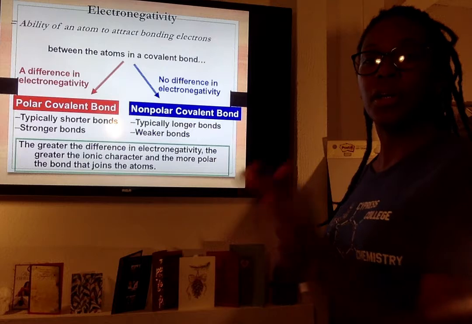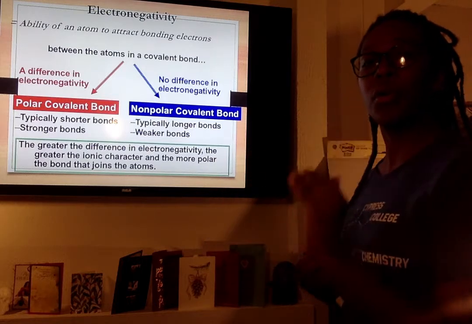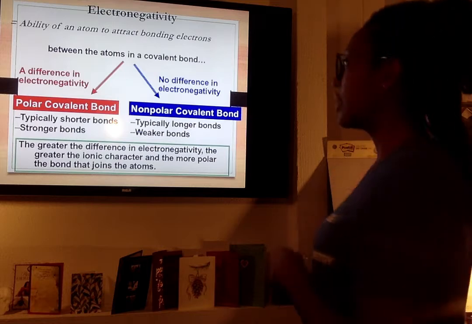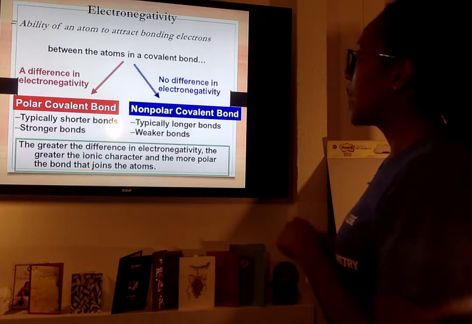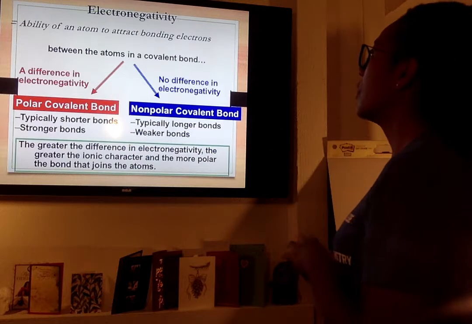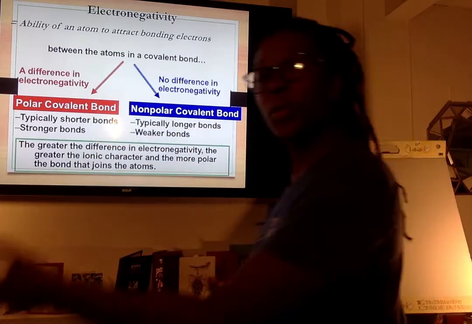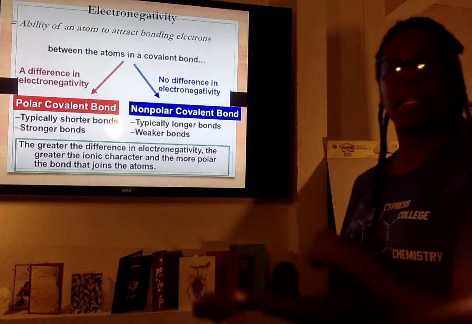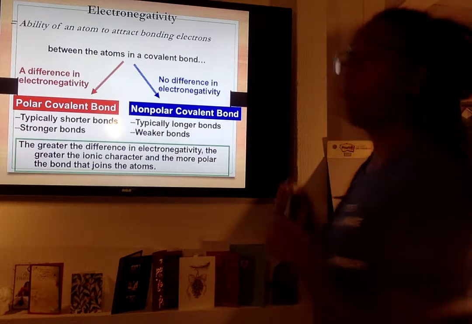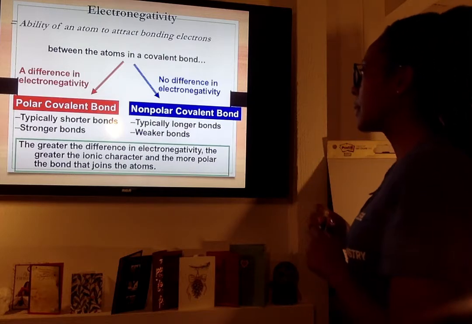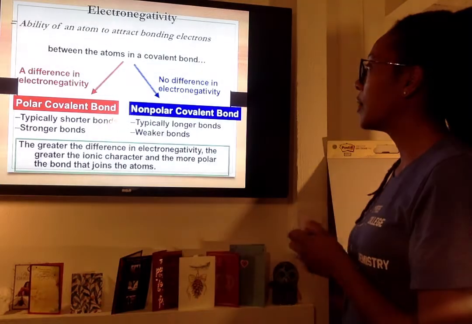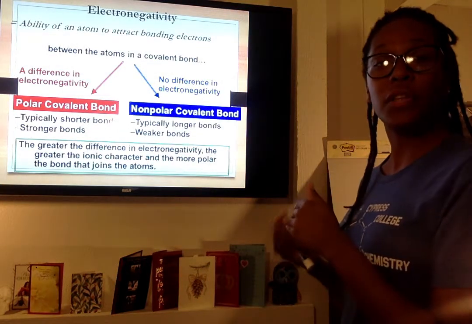To decipher if something has a pull or no pull, you have to use electronegativity, which is how much attraction an atom has for bonding electrons. That pull that I was talking about is the electronegativity, the ability of an atom to attract bonding electrons. So for polar bonds, there's going to be a difference in electronegativity.